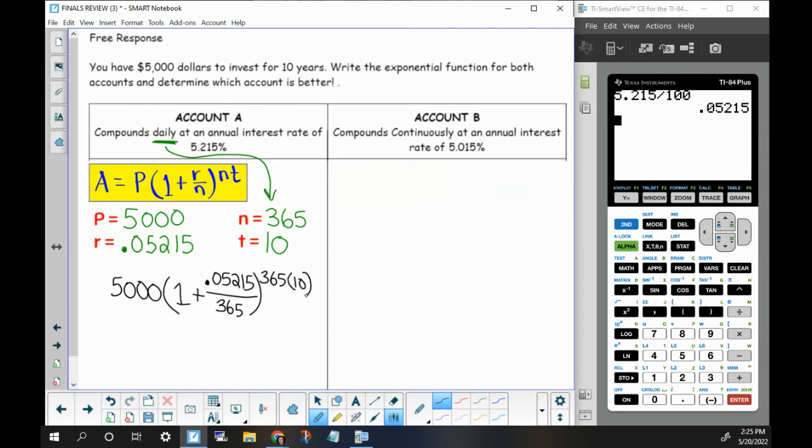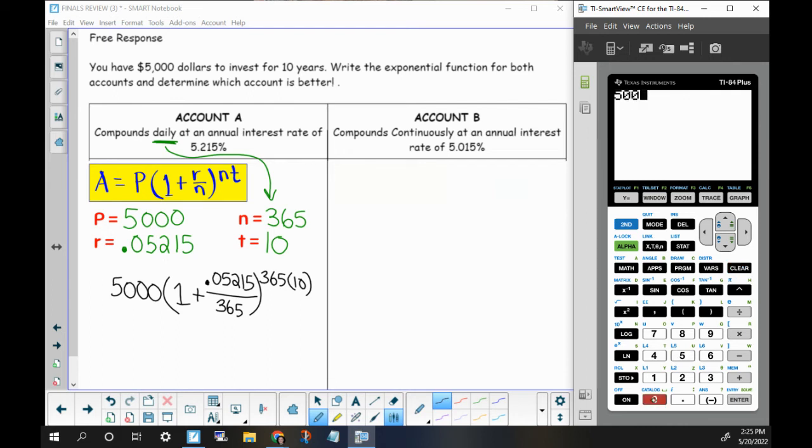Okay, so we need to plug this into our calculator. Now pay close attention to what we do here. You guys should be plugging this into your calculator as well. Practice is going to make perfect.